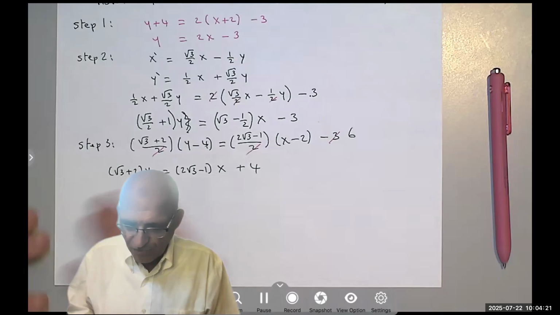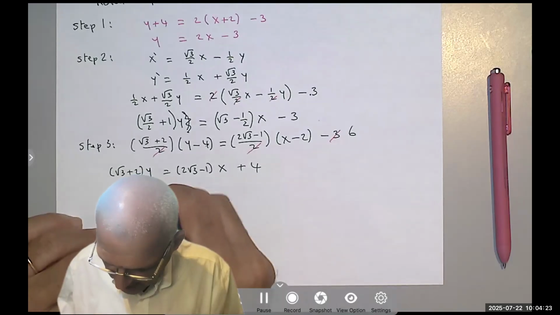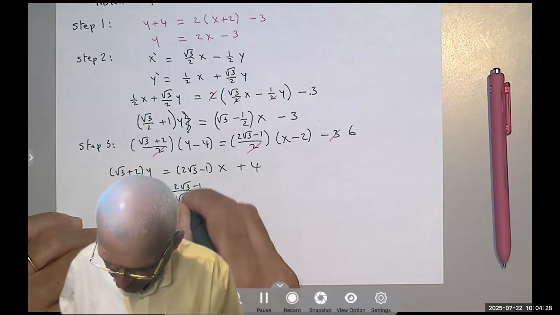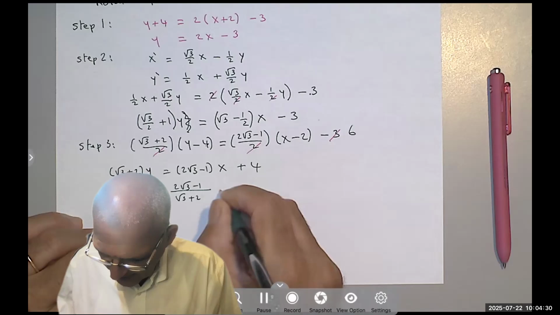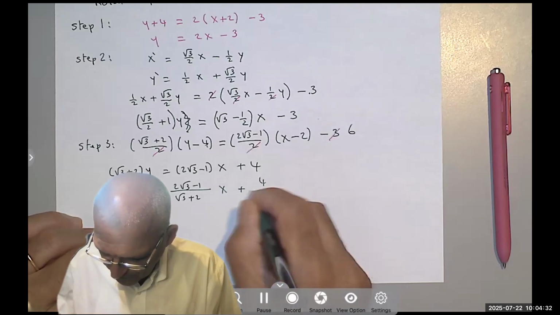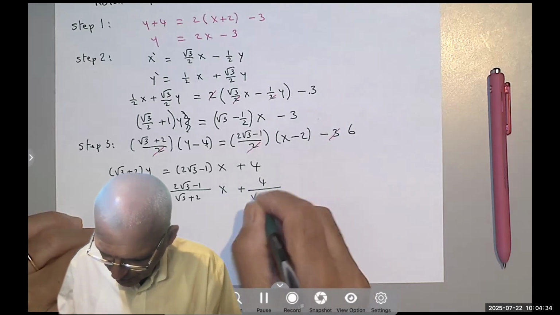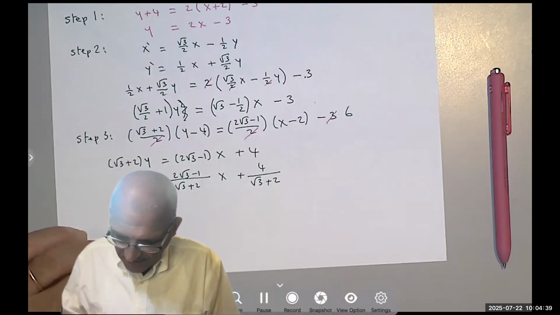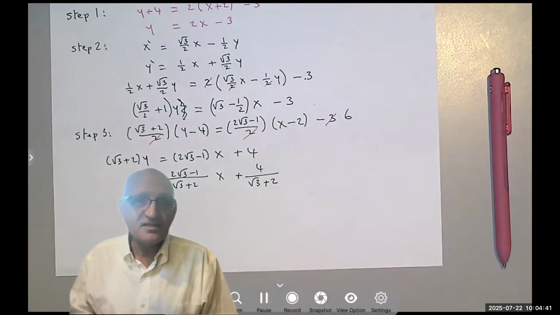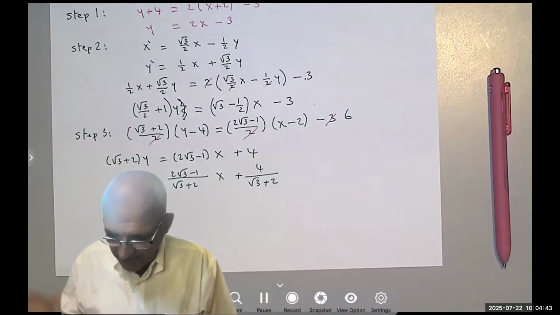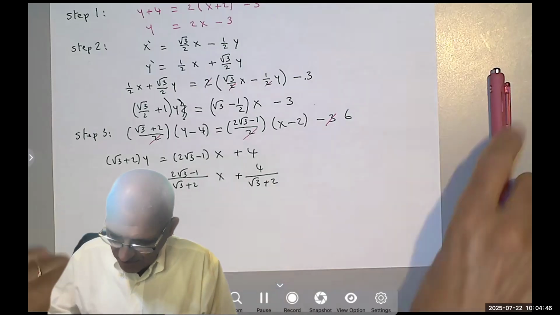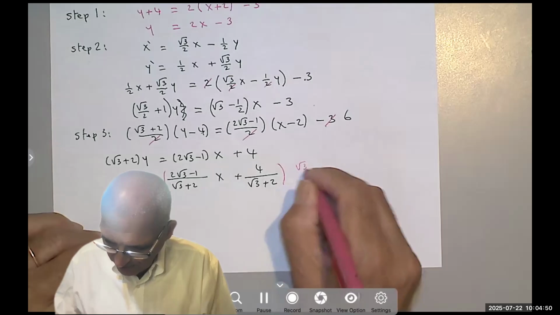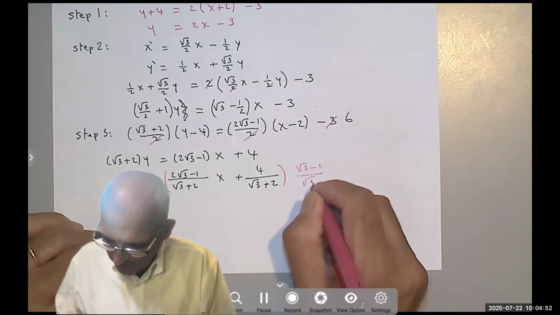Again, usually if you want to write it, you can say y equals 2 root 3 minus 1 over root 3 plus 2, x plus 4 over root 3 plus 2. And if you don't want radicals in the denominator, then you would multiply top and bottom by root 3 minus 2 over root 3 minus 2.